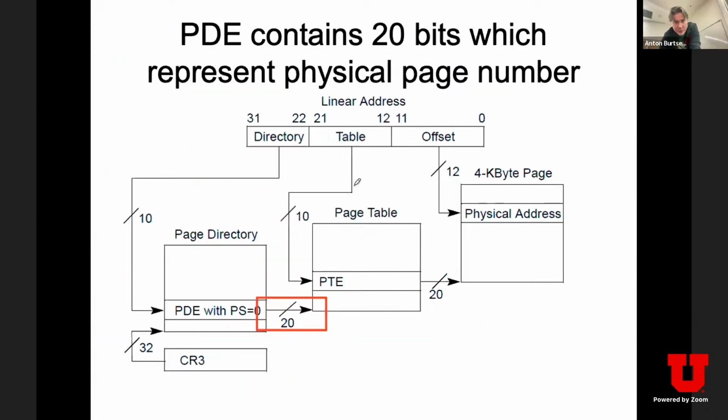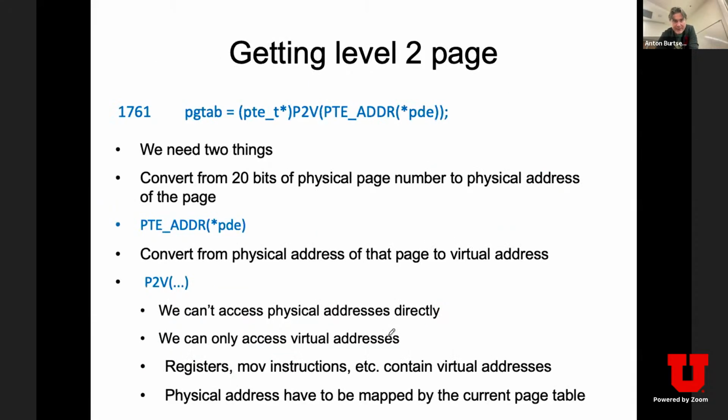What we need to do is really, we're extracting the address of this page table level from this entry. Remember, it's not just the address, because the address itself is only 20 bits, but there will also be some flags, right? That's why we're using a couple of things here.